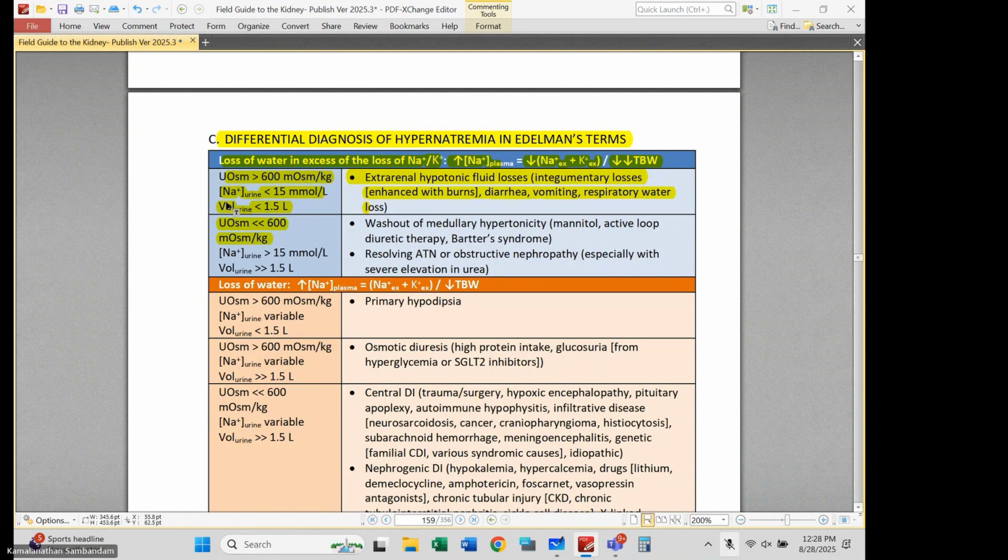What if I have a patient who is not exhibiting the normal urine concentrating response to hypertonicity? I've intentionally made this gray. It would be abnormal to have a urine osmolality that's 400 in the setting of hypernatremia, right?